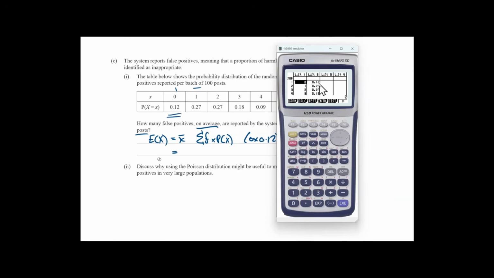Now, if you go to Shift, Setup, you set the variable 1 as X list 1, and the frequency as list 2. Now, if we go to one variable, it's going to give us the mean, the standard deviation, the mode, etc. It gives us 2.1.